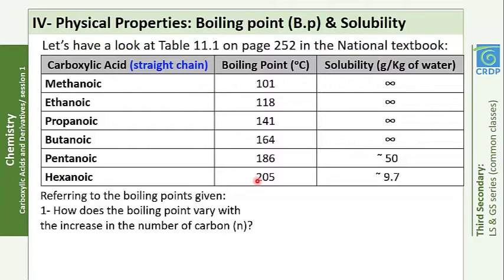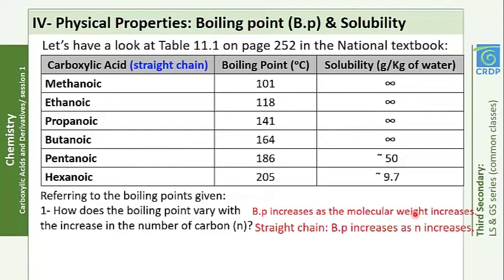Do you notice that it increases with the increase in the number of carbon atoms of straight chain carboxylic acid? Yes, it is. So boiling point increases as the molecular weight of the carboxylic acid increases, or we can say the boiling point increases as the number of carbon atoms in straight chain carboxylic acid increases.